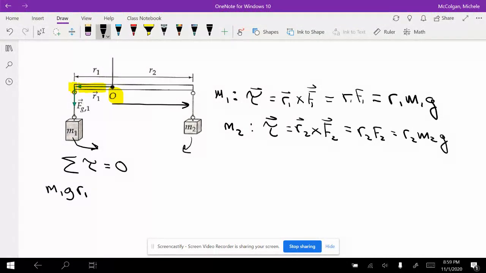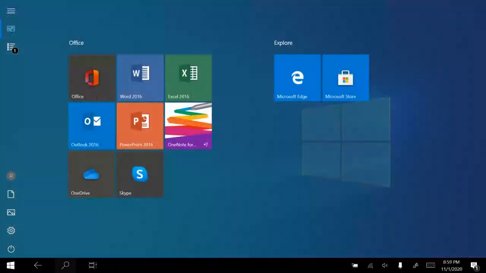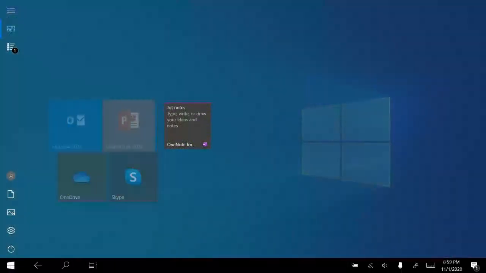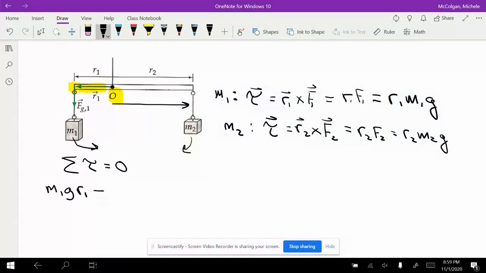This one is going in the opposite direction from M1, so I'm going to have a negative here. If M1 is rotating counterclockwise, M2 is rotating clockwise, so they have different signs. So that's where this comes in: M1 G R1 minus M2 G R2 is equal to 0.